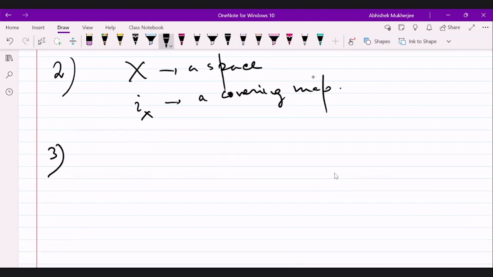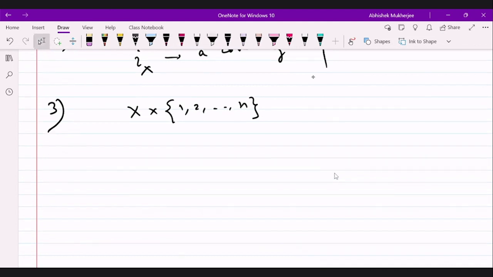Another interesting one: suppose you take any space X and you take some levels of that space X. That means suppose you take 1, 2, yeah. So then you can define a map here by this rule.